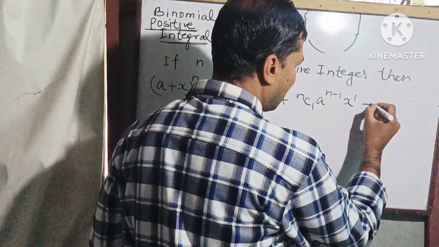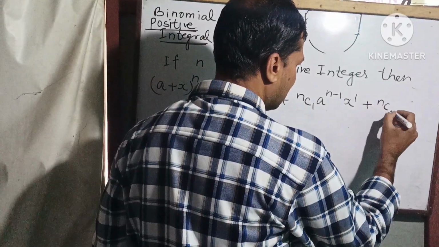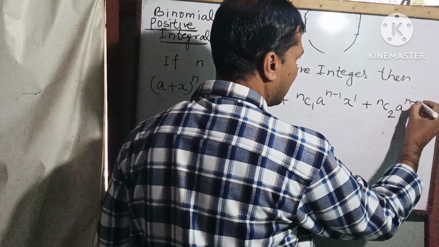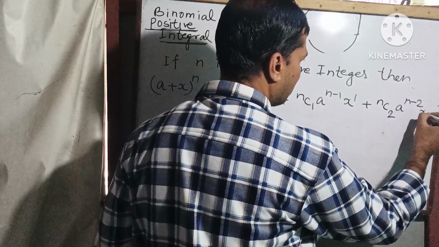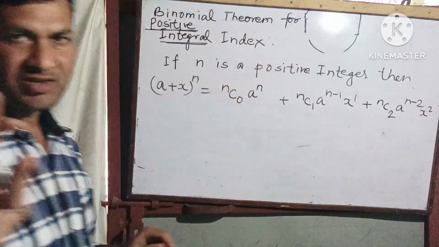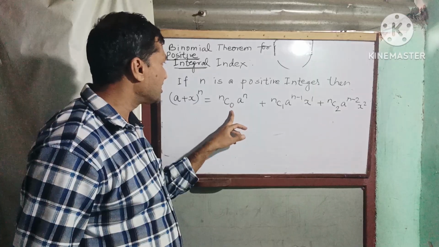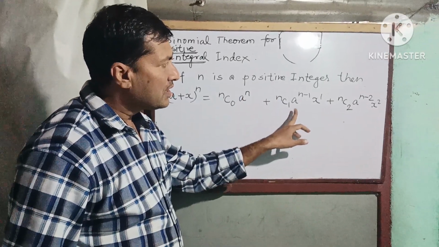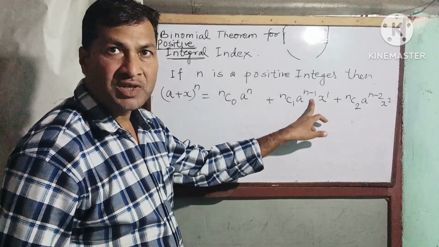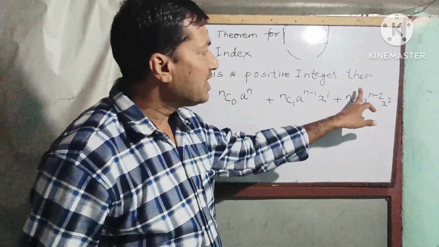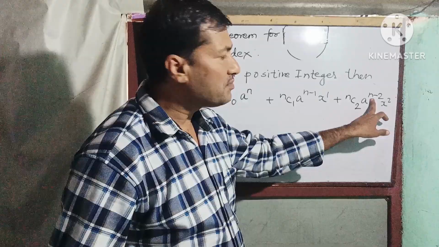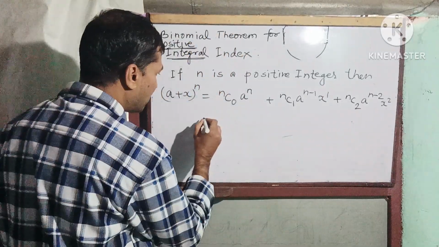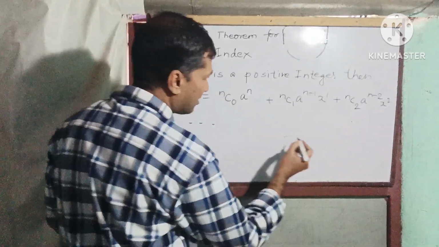Third one is nC2 a to the power n minus 2 x to the power 2. So nC0 a to the power n is the first term, second term nC1 a to the power n minus 1 x to the power 1, third term nC2 a to the power n minus 2 x to the power 2, and so on. The power is n, so this is how the terms come.